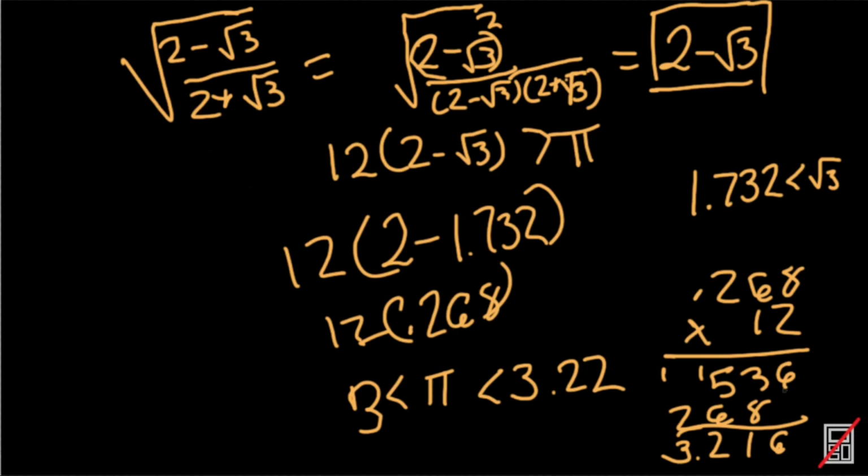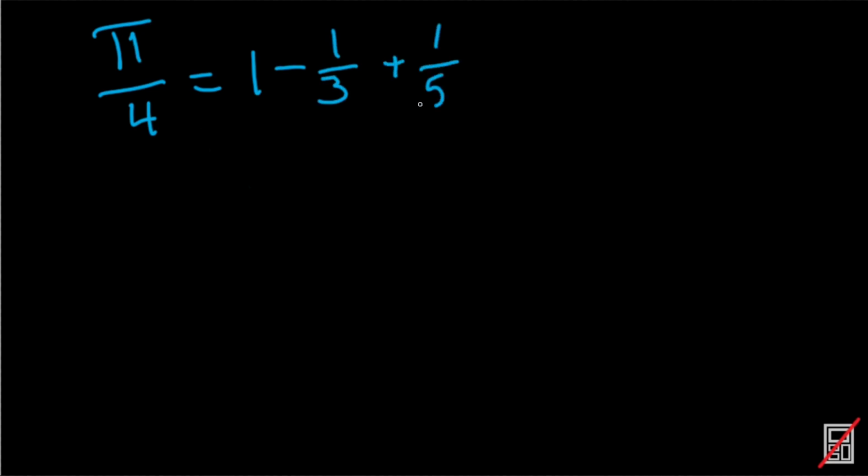Now we'll move on to some of the more advanced techniques in order to figure this out. We have the famous identity pi over 4 is 1 minus 1/3 plus 1/5 minus 1/7, and so on.